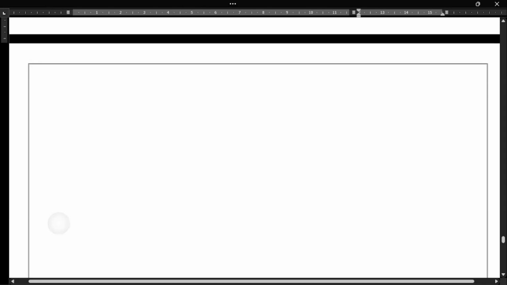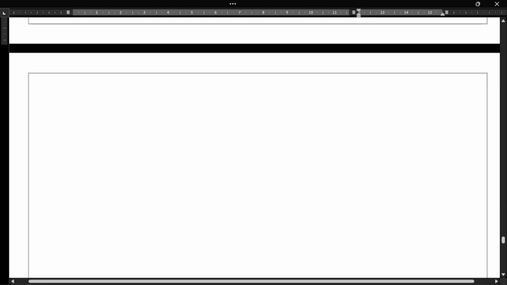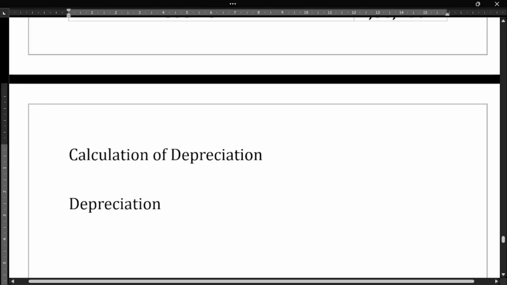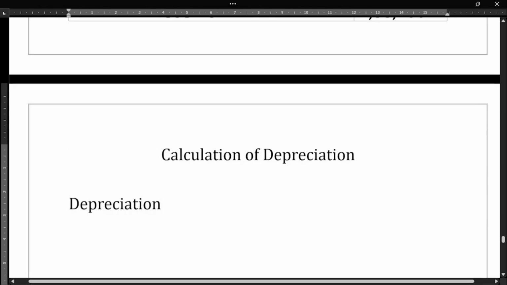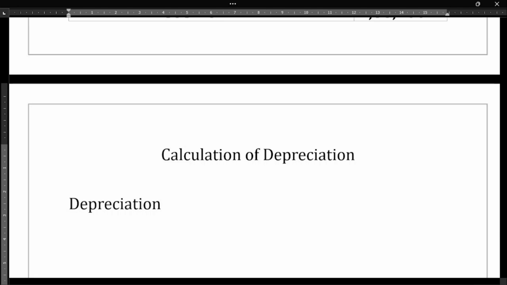Now the next step is to calculate the depreciation. In order to find out the depreciation there is a formula.